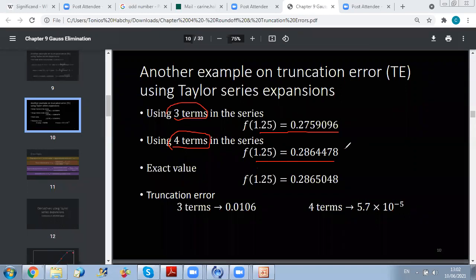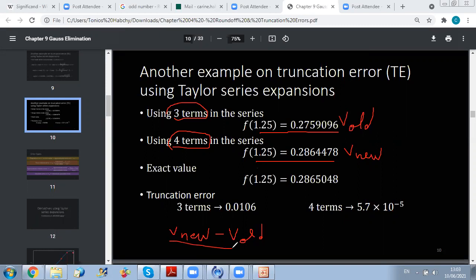So I can consider that this is V new and this is V old. Then in order to calculate the relative approximate error induced, I can do V new minus V old over V new.